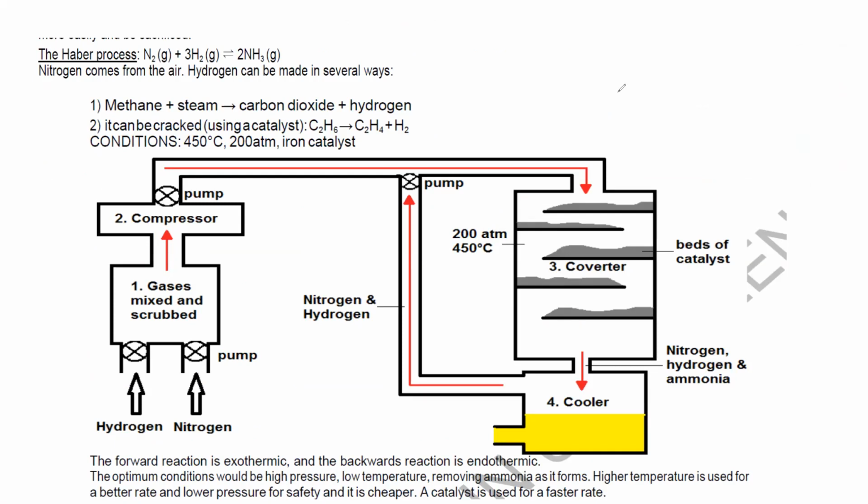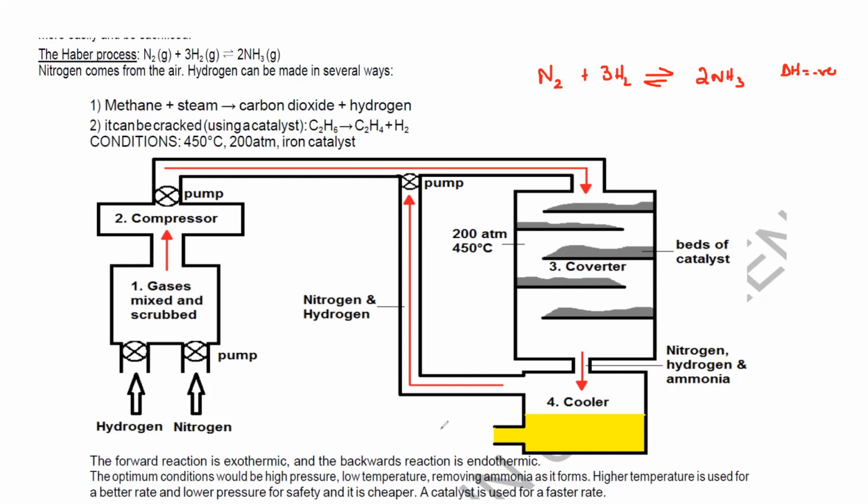So the manufacture of ammonia is by Haber process, a reversible reaction, when we have nitrogen molecule reacted with hydrogen. As a result, when they combine, it will give 2NH3. And the energy change or enthalpy change for this reaction is negative. It means the forward reaction is exothermic.